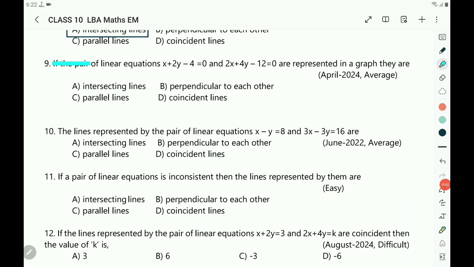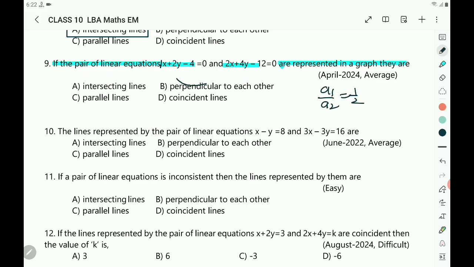Question number 9. If the pair of linear equations x plus 2y minus 4 and 2x plus 4y minus 12 are represented in a graph, they are: intersecting lines, perpendicular to each other, parallel lines, coincident lines. Find A1 by A2, B1 by B2 and C1 by C2. Directly you can get here the coefficient of x, 1 by 2. You got A1 by A2 equals 1 by 2.